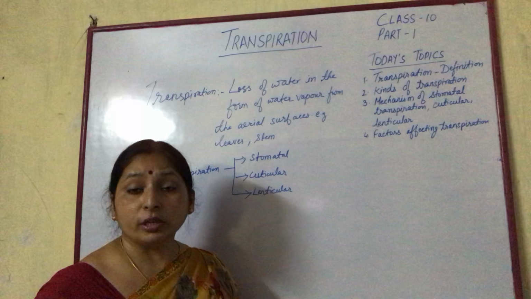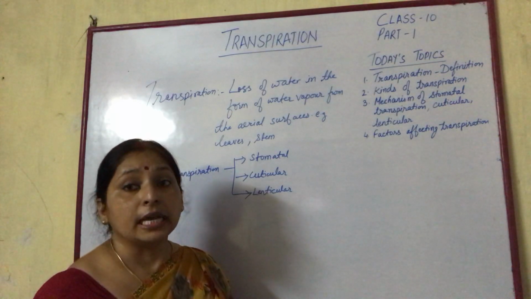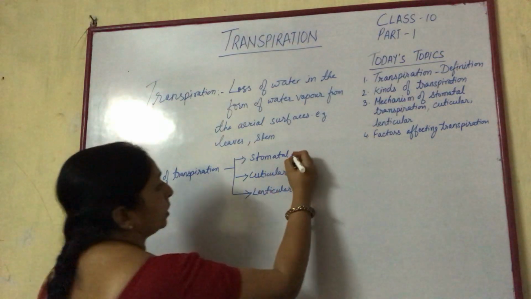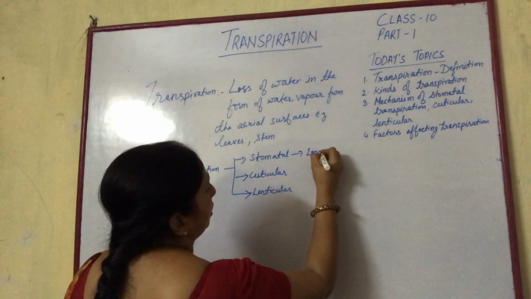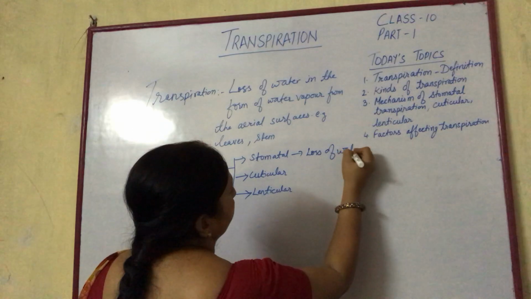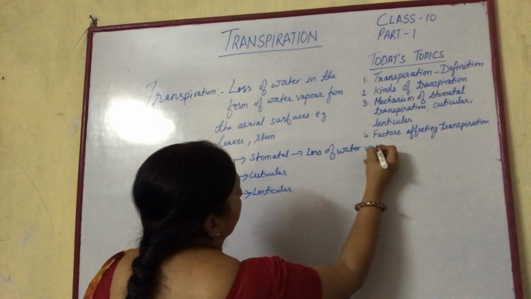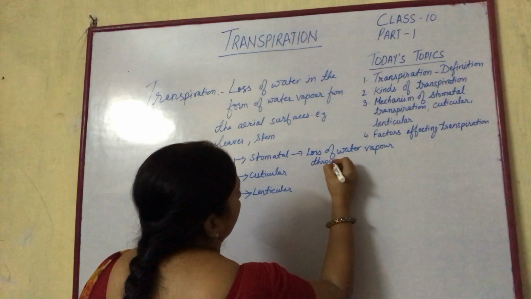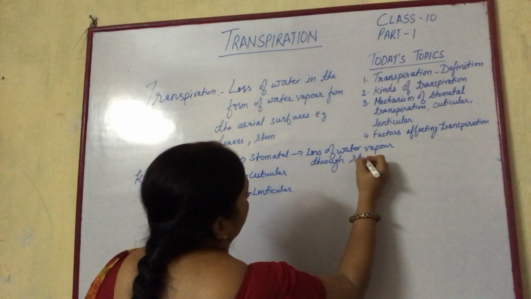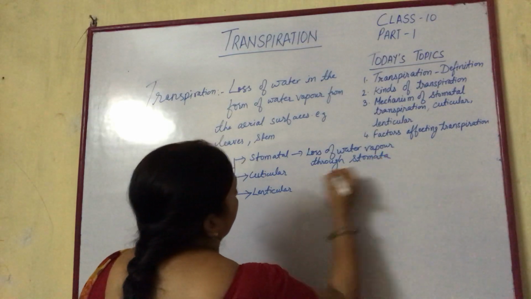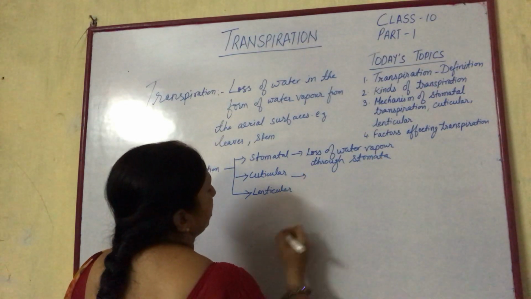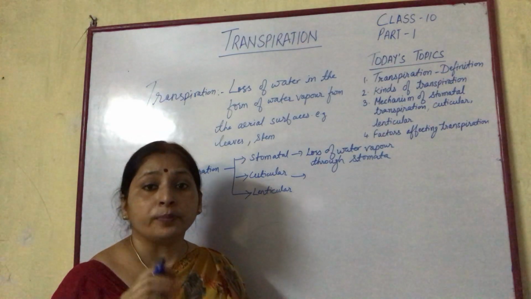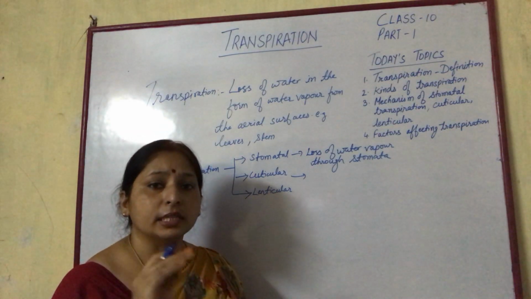Stomata are present more on the lower surface as compared to the upper surface of the leaves. So this is loss of water vapor through stomata. Then next is cuticular transpiration. Cuticles are the thin waxy coating secreted by the epidermal cells of the leaves.